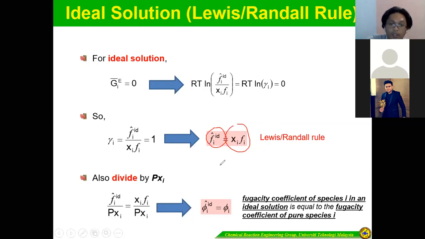If non-ideal, the graph will deviate from the ideal solution. So we can see the fugacity coefficient is similar: the fugacity coefficient of species i in an ideal solution is equal to the fugacity coefficient of the pure species. This is the criterion for the ideal solution.